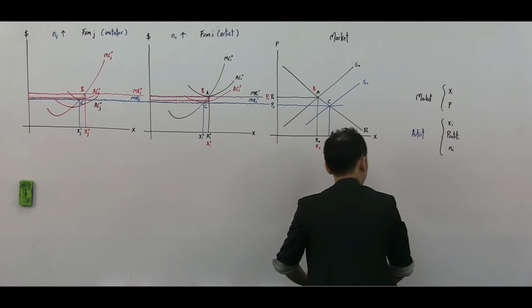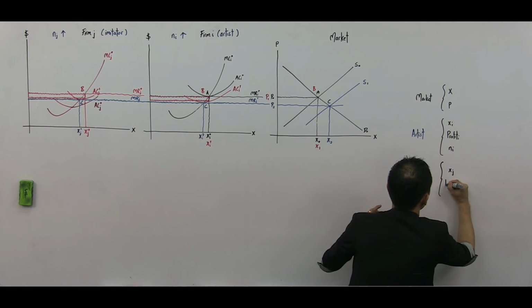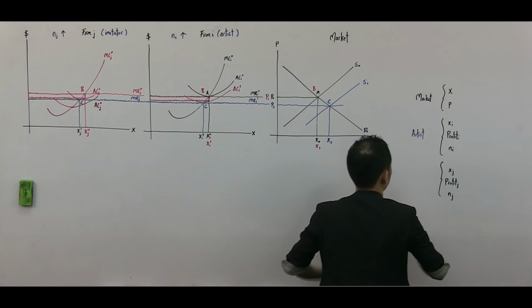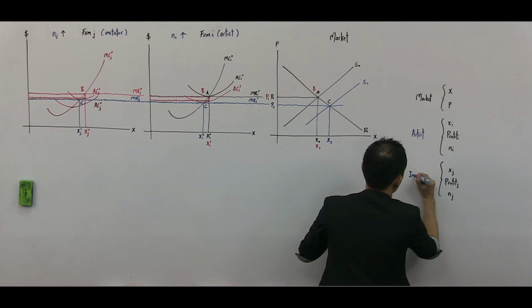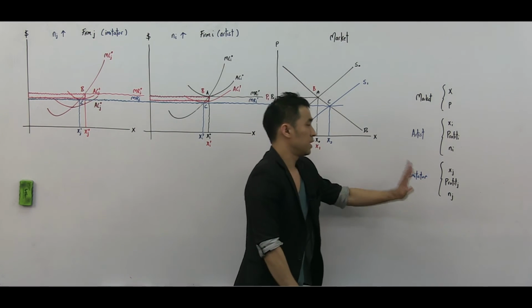And you also have an effect on your imitator, XJ, profit J, and NJ. This is your imitator. Of course, we can talk about consumer surplus, but that's all.